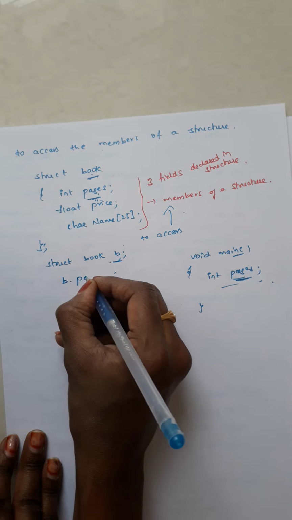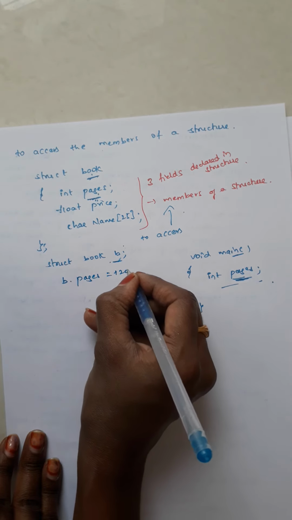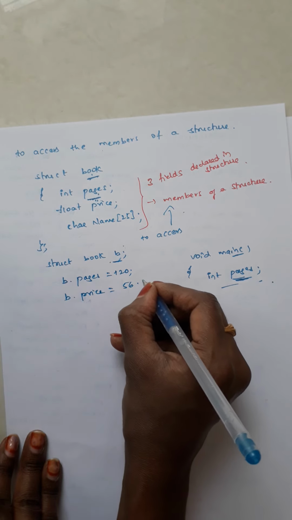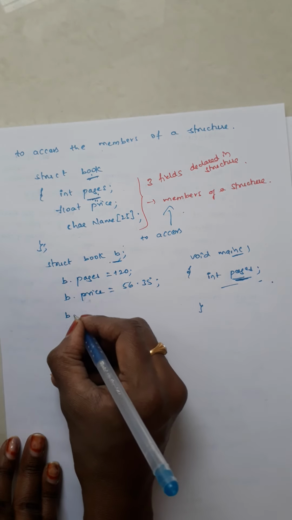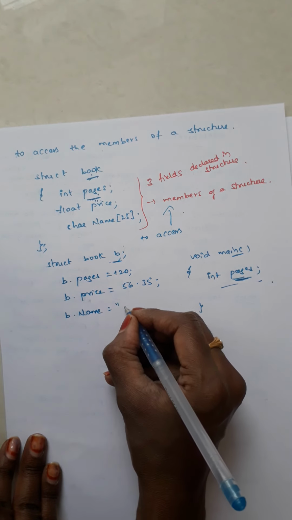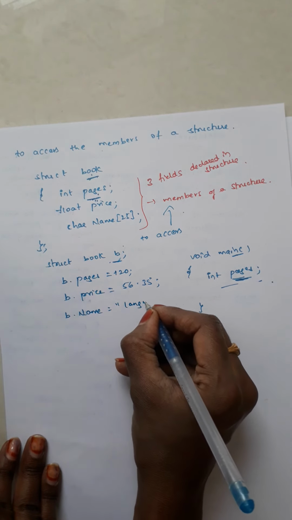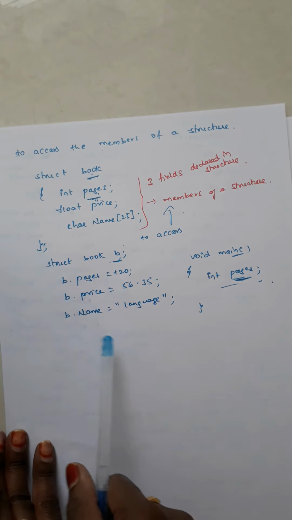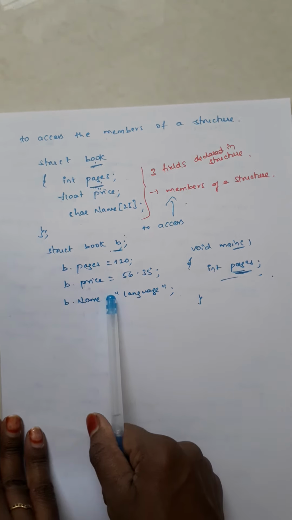b dot pages equals 120, b dot price equals 56.35, b dot name equals some language. What is the name of the book? Language. In this way we access the members of a structure.